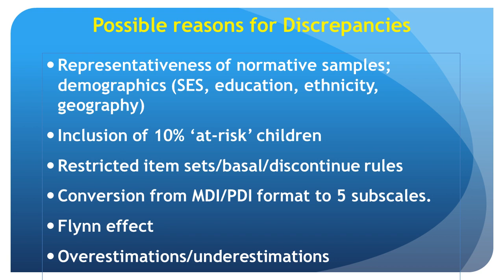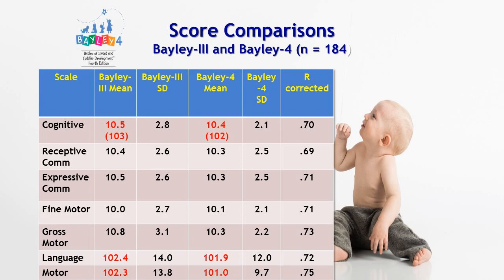The Flynn effect was attributable to 8 different variables in children, and the only one that seems to be valid is a change in nutrition over time. You may have also been aware of this comparison, but basically what we had were 184 children.